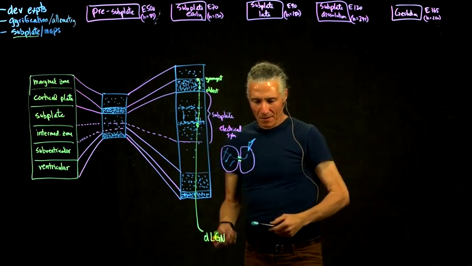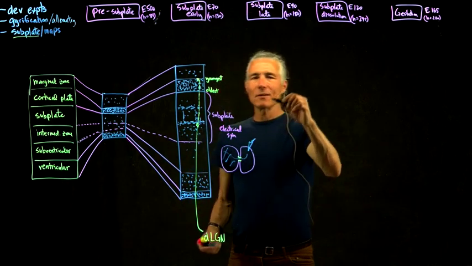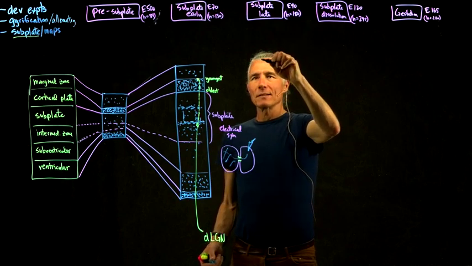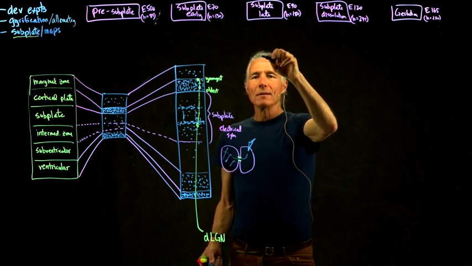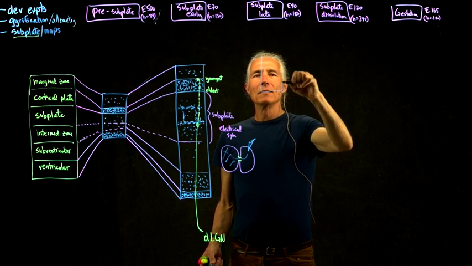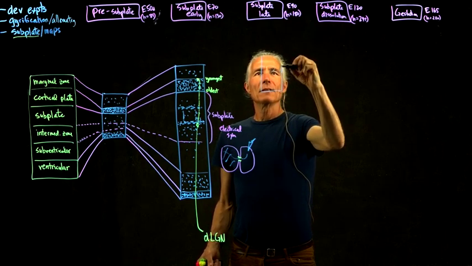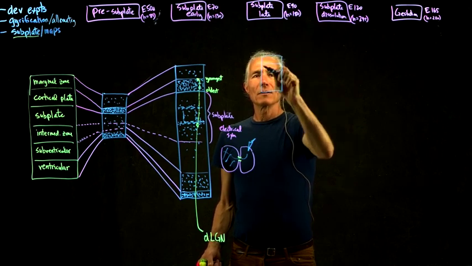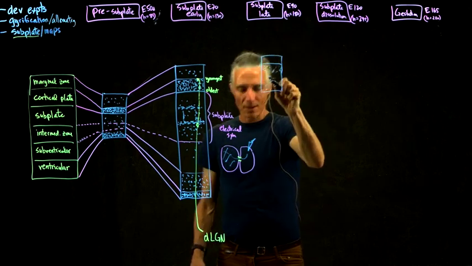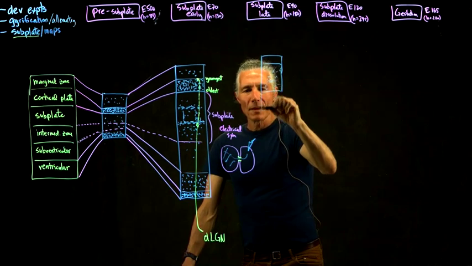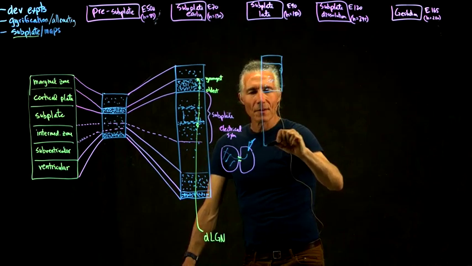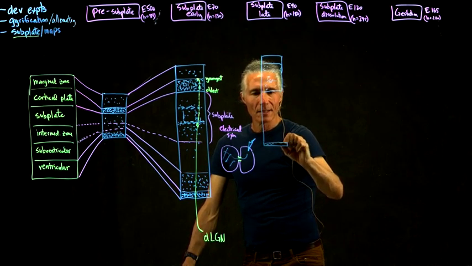So then what happens is the cortical plate gets bigger. So here's the cortical plate. Now it's gotten bigger. This is like all incredibly dense cells here, and then the subplate starts to actually disintegrate.